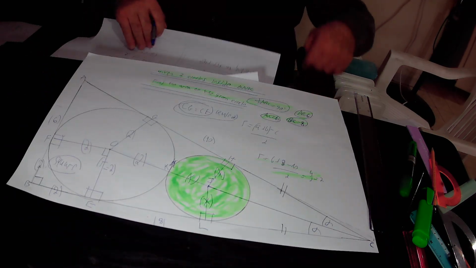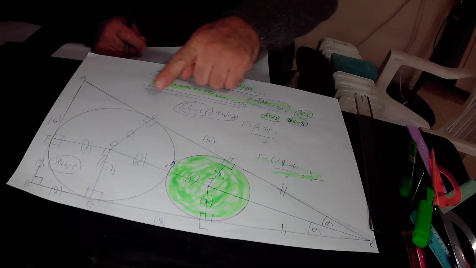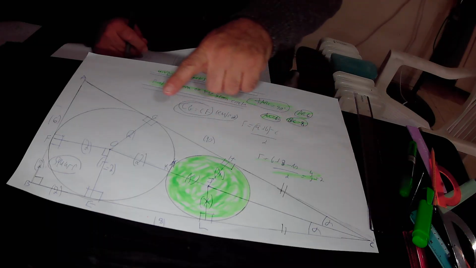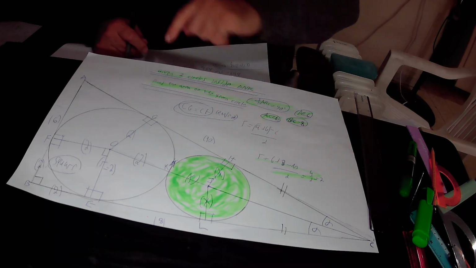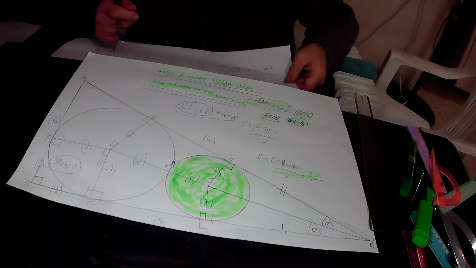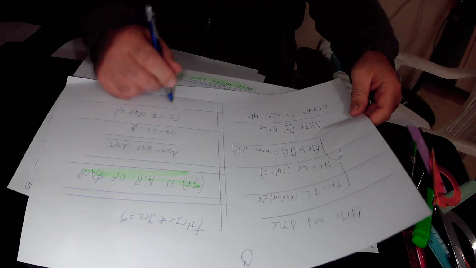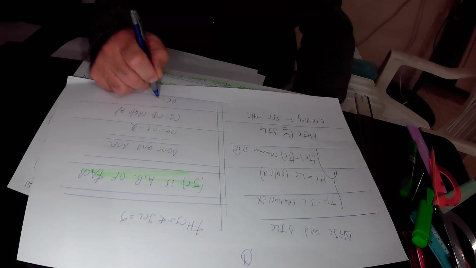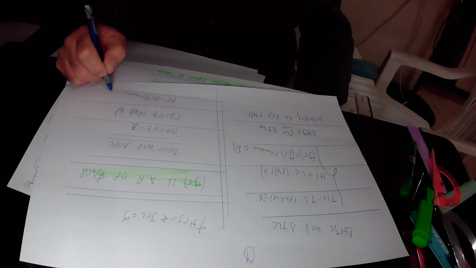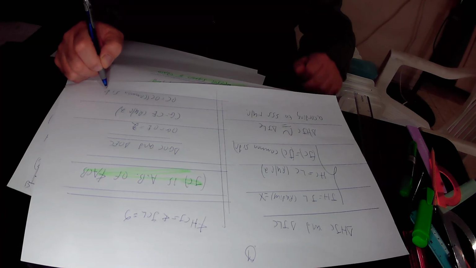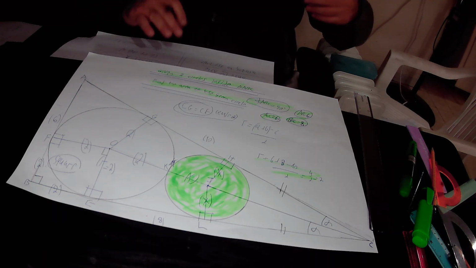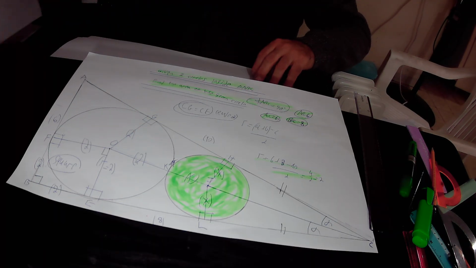And finally, this is side OC. As I mentioned before, OC is a straight line because we joined points O and C together by a straight line. Side OC is the common side that belongs to both triangles, so OC equals itself. So we found that those two big right triangles are congruent according to the side, side, side rule.